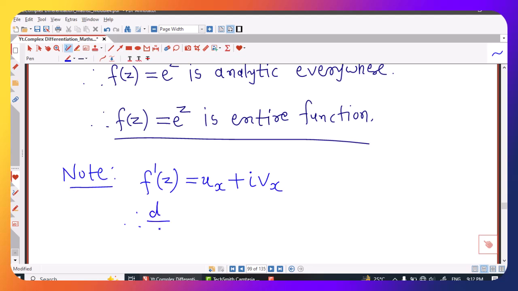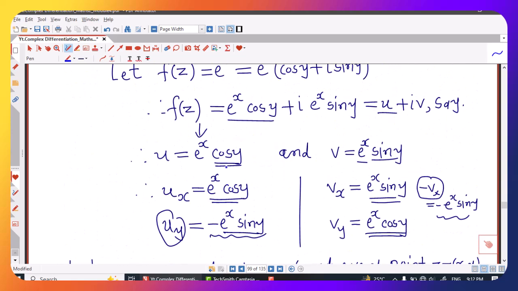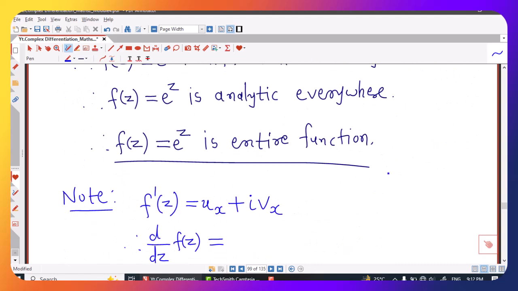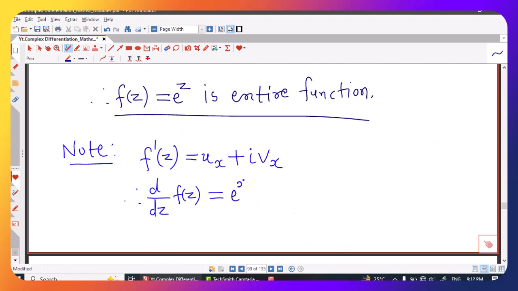F dash z means d by dz of f of z, and del u by del x is e raised to x cos y, and del v by del x is e raised to x sin y. So here we have e raised to x into cos y plus i times e raised to x into sin y, and we can observe that e raised to x is common here, and here we have d by dz of f of z, which is e raised to z.